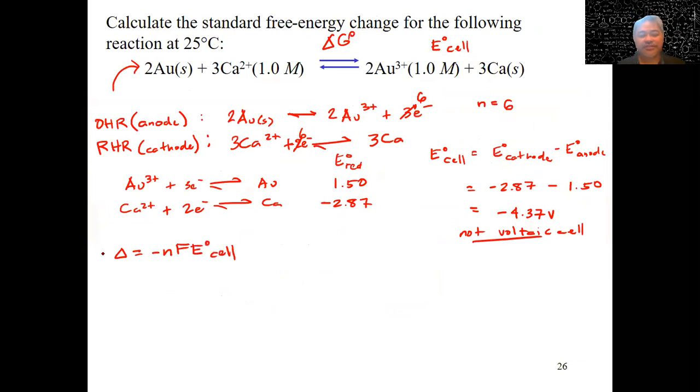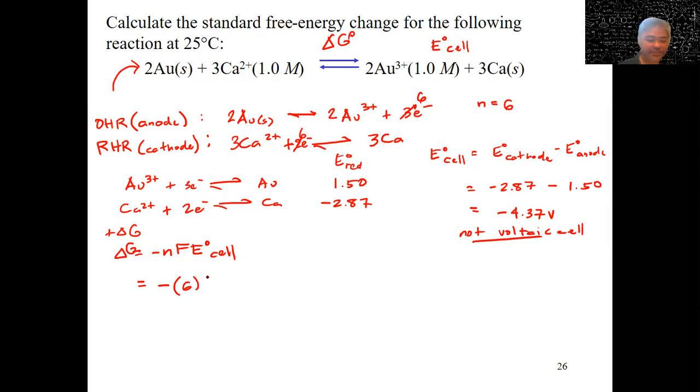That's going to be a positive delta G. So that means the reaction is not spontaneous. So ano yung mga value na ilalagay natin dito? NFE cell.